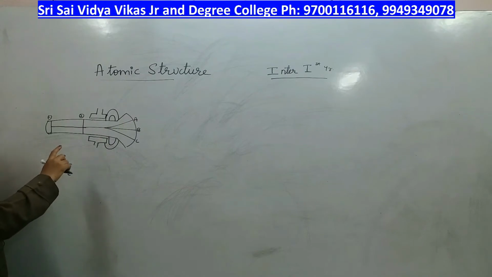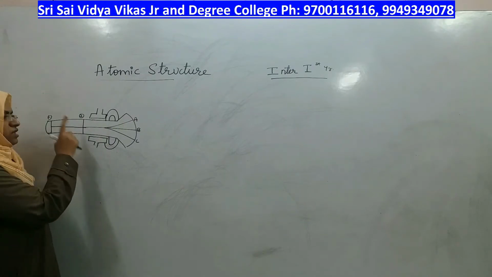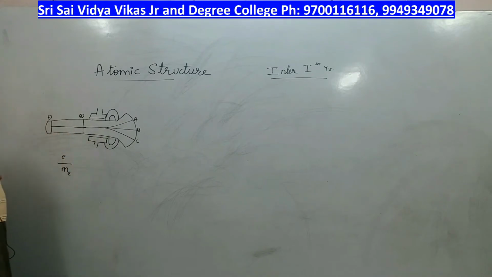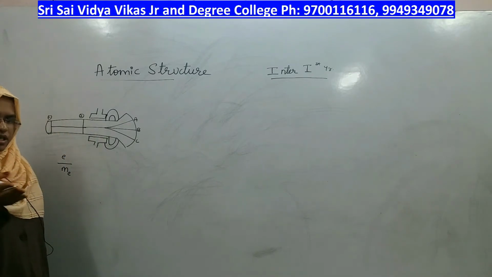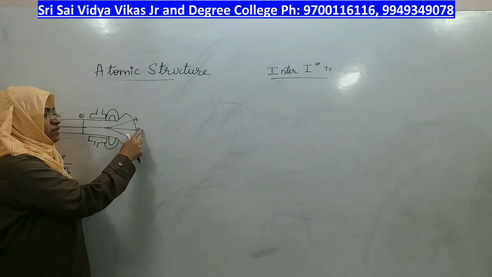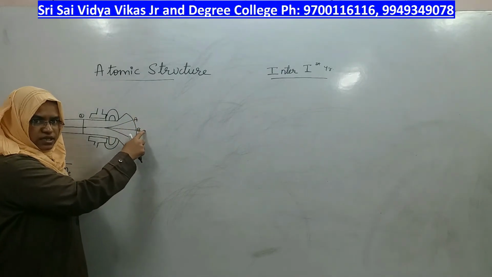How you got that value experimentally is, in yesterday's experiment we have seen how the electron shows deflections in the presence of the electric field, in the presence of the magnetic field, and when the fields are exactly the same strength.